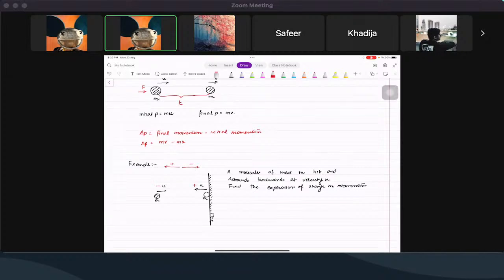Now the initial momentum will be equal to minus mu and the final momentum will be equal to plus mu. So the change in momentum will be plus mu minus minus mu, so it is going to be 2 mu, not 0. Is it clear?